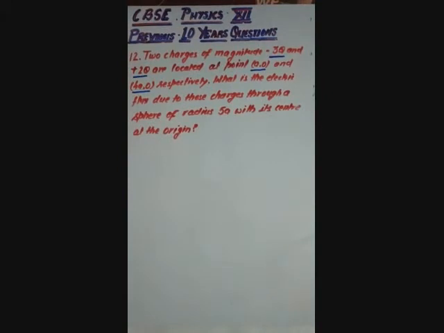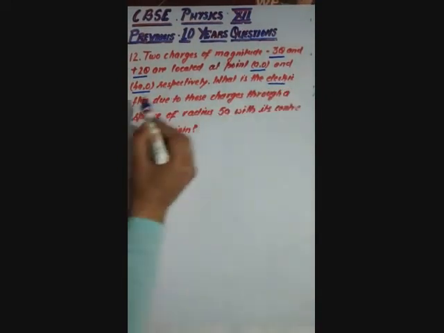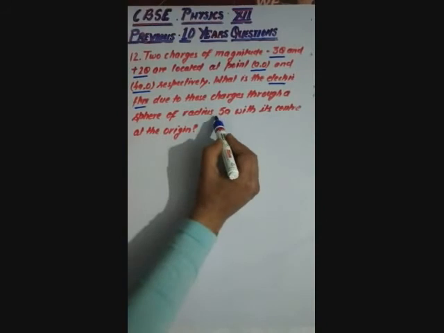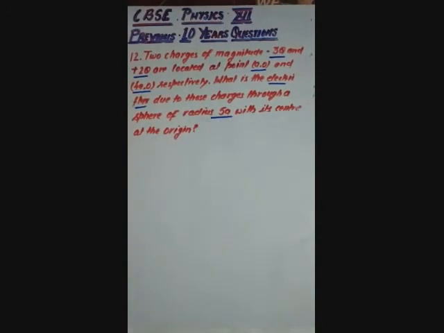What is the electric flux due to these charges through a sphere of radius 5a with its center at the origin?